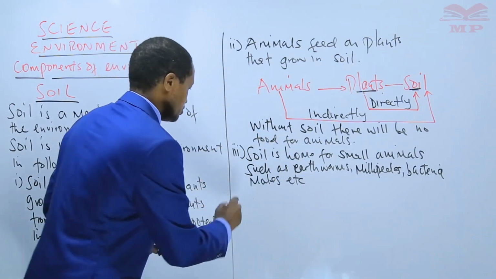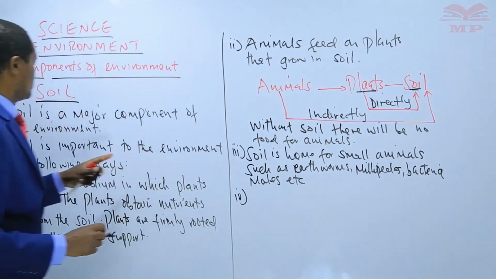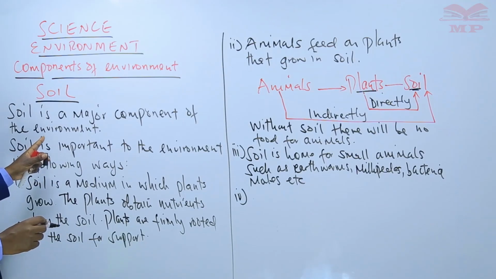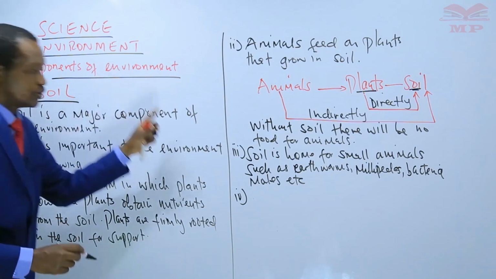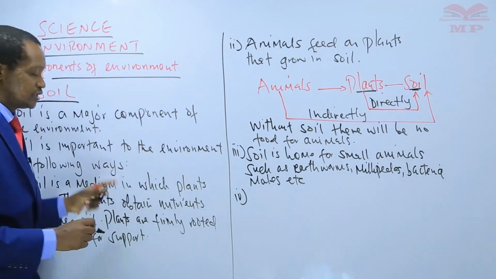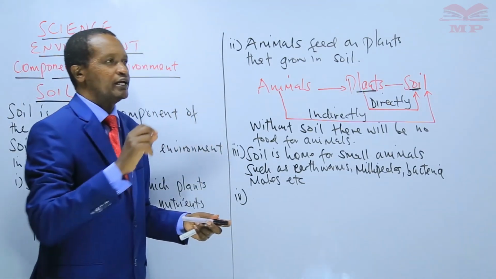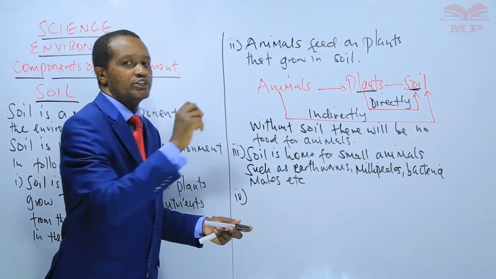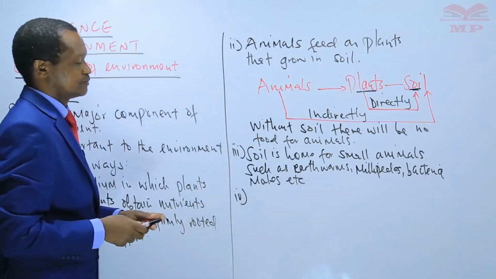Then number four, we are discussing ways in which soil is important. Another way in which soil is important is that people plow and cultivate the soil to produce food crops.